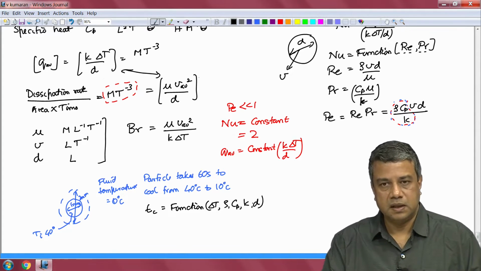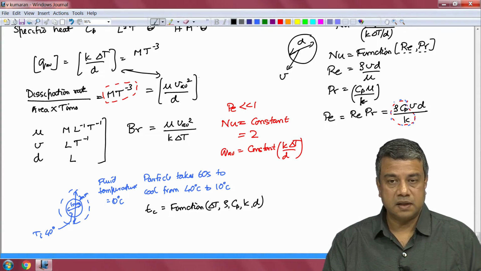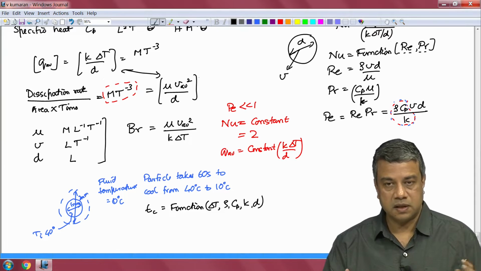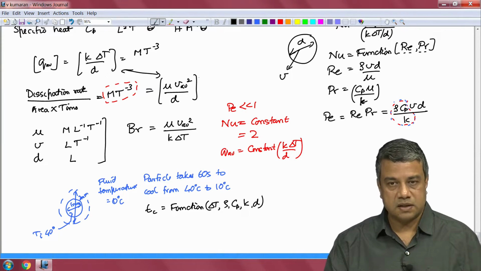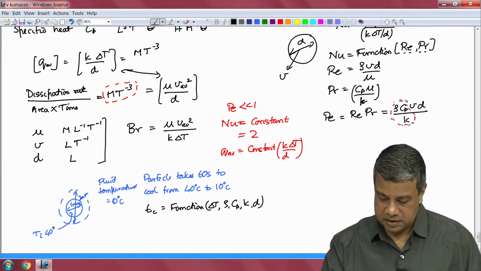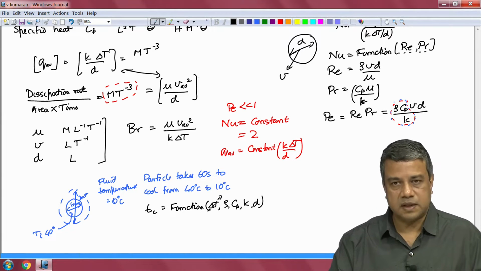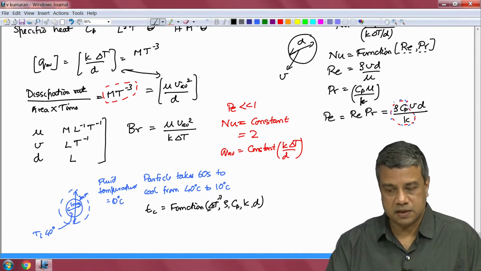And in this case you are keeping the ambient temperature, the initial temperature and the final temperature the same. So, the ratio of temperatures is the same in this case, since you are keeping the initial, final and the ambient temperature the same.